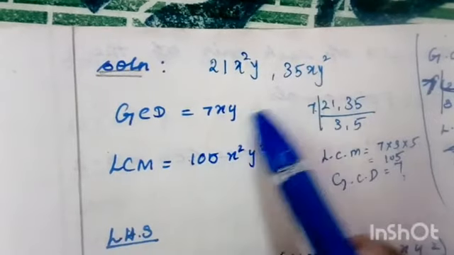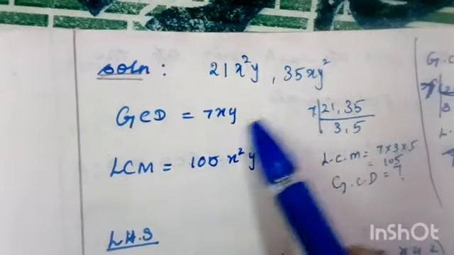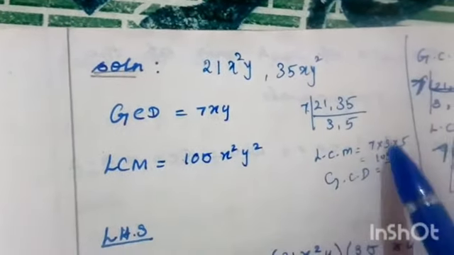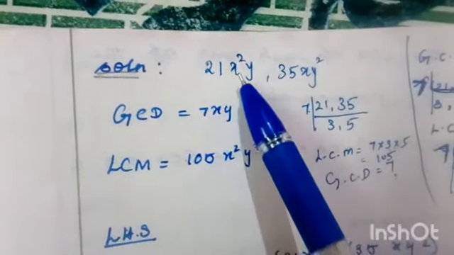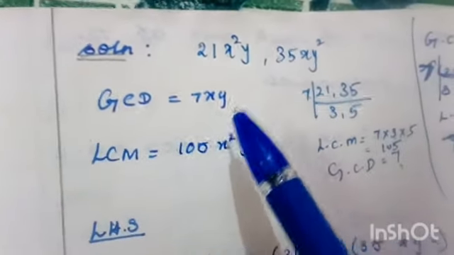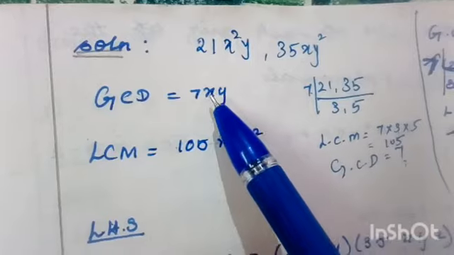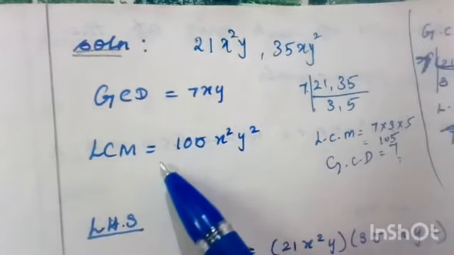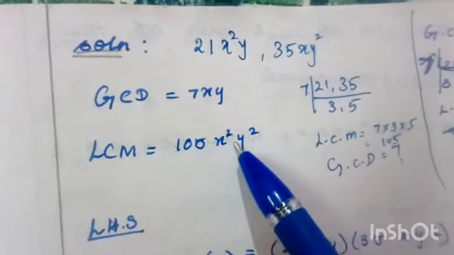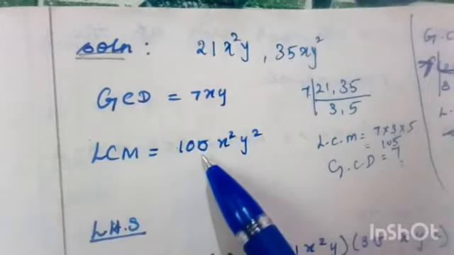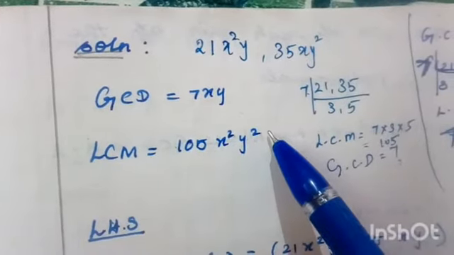So it is 7xy. LCM we already found, that is 105, and we consider the highest power, x square y square. Students, remember: GCD means we find the least power of the expression, and LCM means we find the highest power of the expressions. So GCD is 7xy, and LCM is 105x square y square.